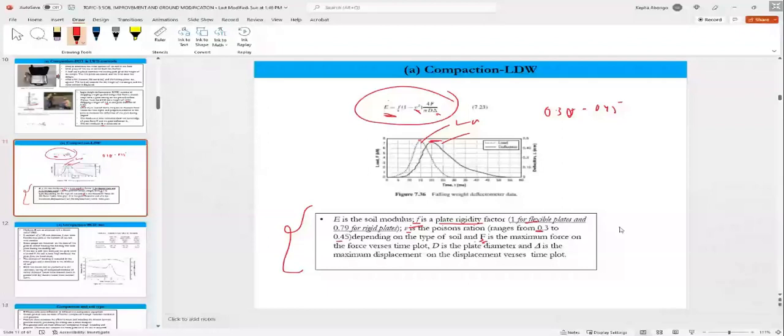Now, is the strength of a soil only dependent on the degree of compaction? Degree of compaction only gives an indication of the target density with respect to the maximum density that can be achieved.